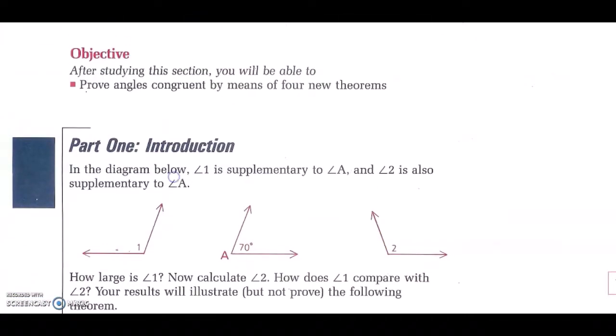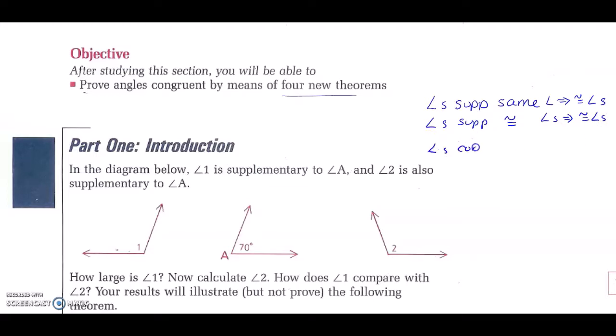So the objective is to prove by means of 4 new theorems. And our theorems are: angles that are supplementary to the same angle implies congruent angles. Angles that are supplementary to congruent angles implies congruent angles.